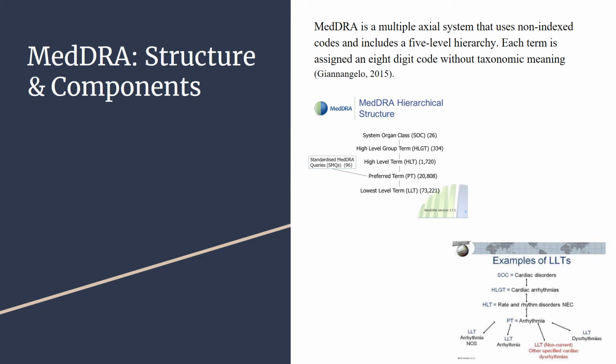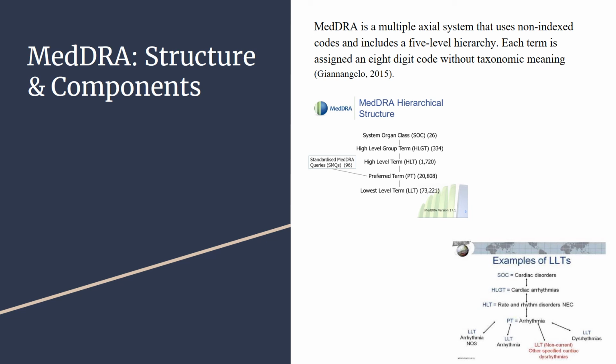As stated by Giangelo, the SOC level is the broadest concept in the hierarchy, which is comprised of groupings by etiology, manifestation site, and purpose. The HLGT and HLT levels group related terms by anatomy, pathology, physiology, etiology, or function.